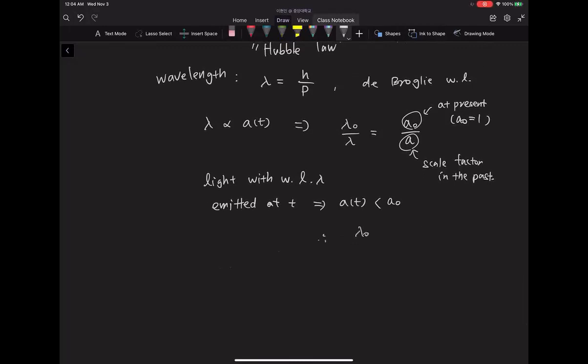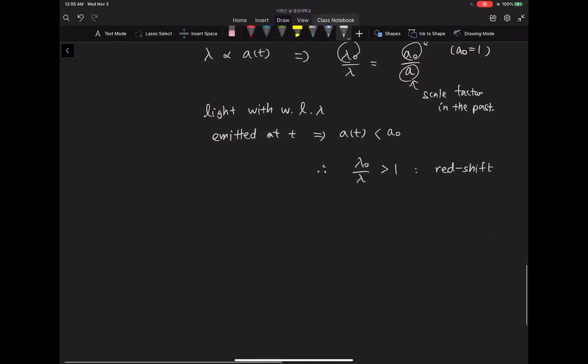Therefore, the wavelength lambda 0 that we are observing at present is larger than the one at emission. So this is what we call the redshift. The wavelength becomes larger at present. So that is the second implication of the expanding universe.